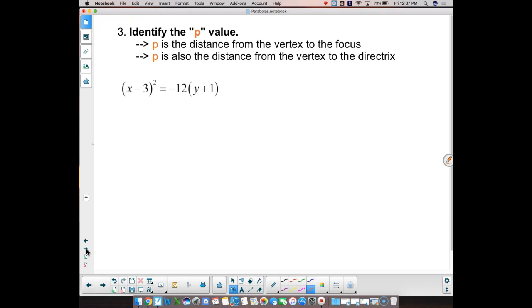So we need that value. We find that value as the coefficient that we factored out on the non-squared term. And this value is equal to 4p.